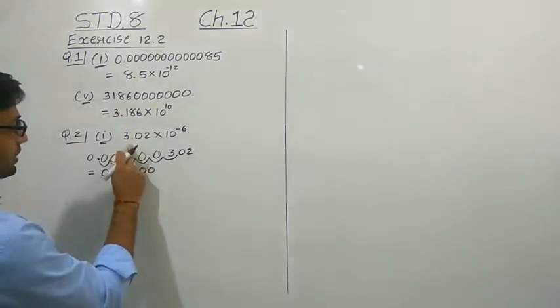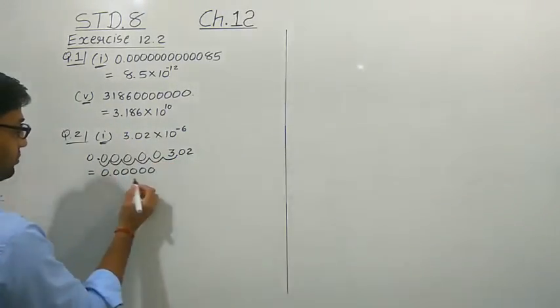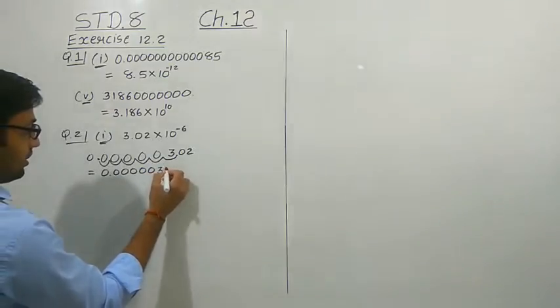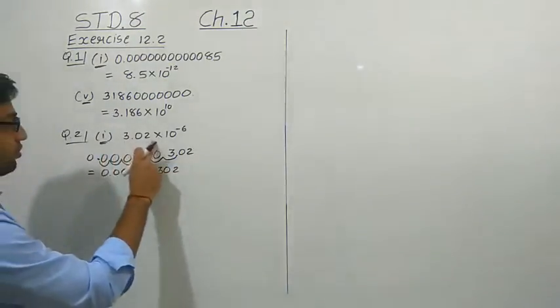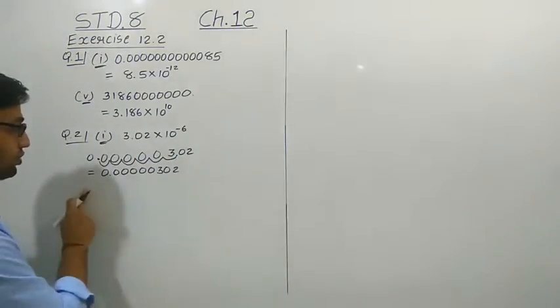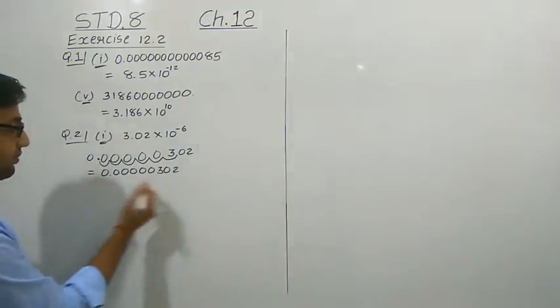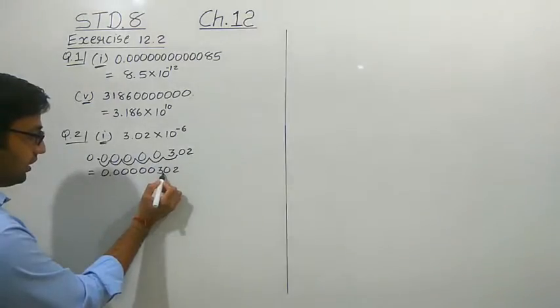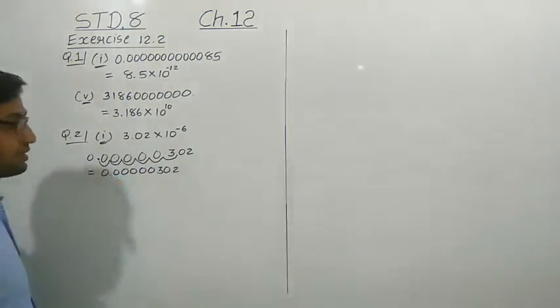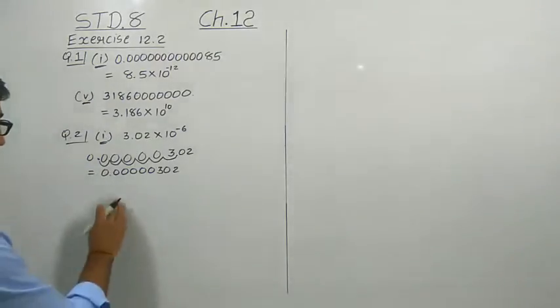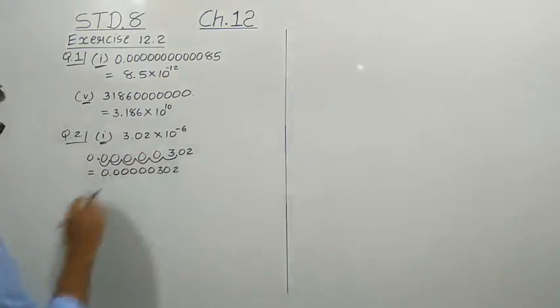Actually we have to shift 6 places, so yes, 5 zeros we have to take, and then 302. So we convert 3.02 into 10 raised to minus 6 into the usual form. 6 places we shift, 1, 2, 3, 4, 5, 6. Okay, so this is how we convert this into the usual form.